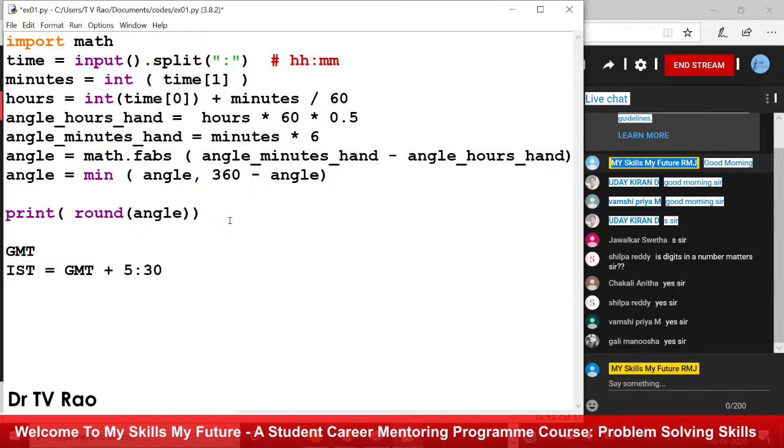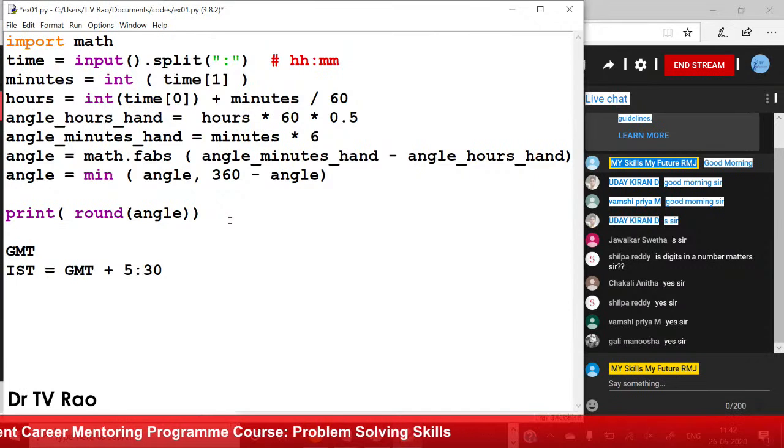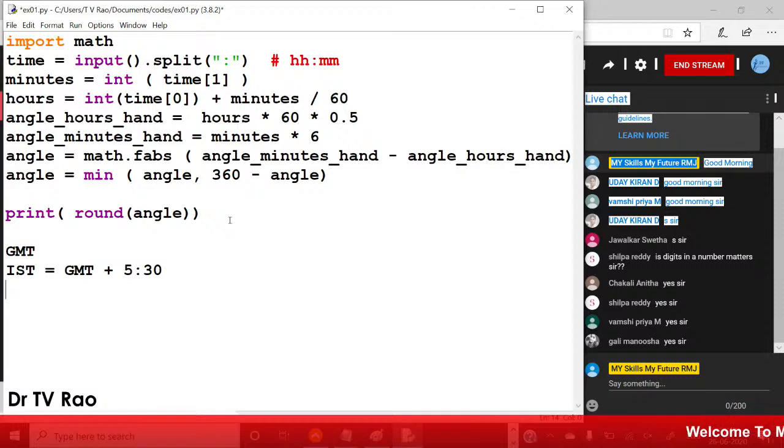Now, sometimes another format will also be given, that we will see later. If international time is given, then you can find out Indian Standard Time by adding 5:30.